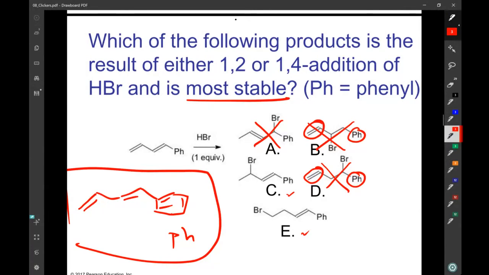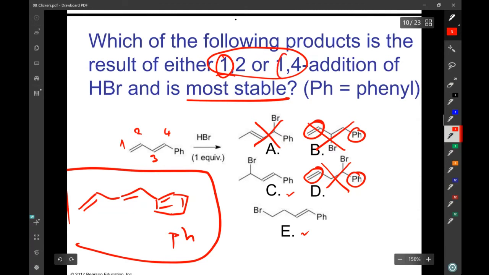Now, between structure C and E, we want to find out if one of them is either a 1,2 or a 1,4. And over here, this is carbon 1, carbon 2, carbon 3, and carbon 4. Now, for a 1,2 and a 1,4 addition, carbon 1 must always have the hydrogen, irrespective. Carbon 1 must always have the hydrogen.